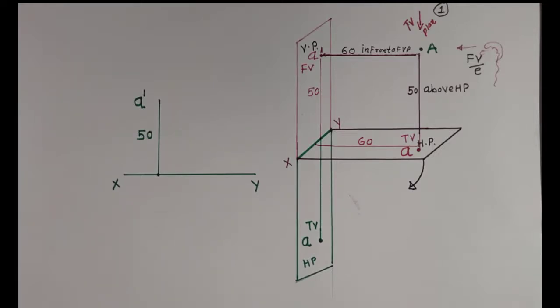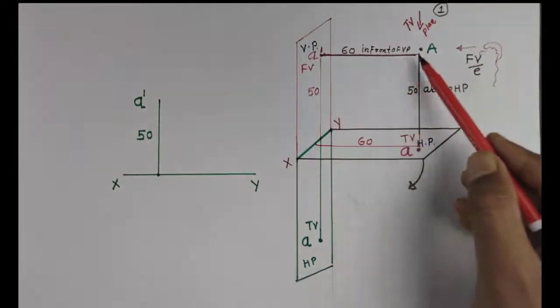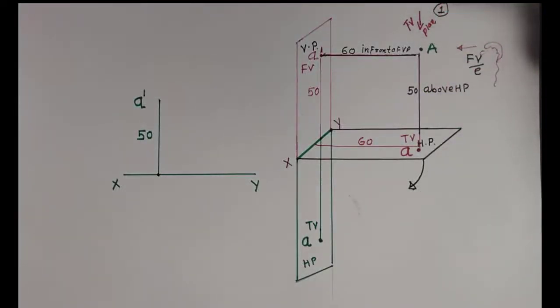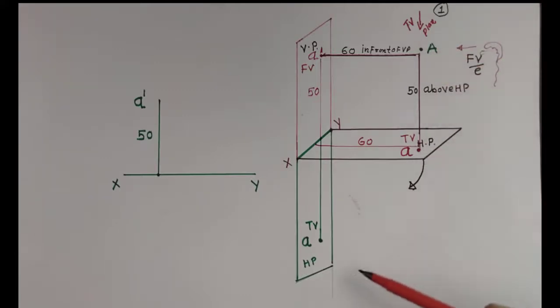Now the second data: your plan point is in front of VP. This in-front-of-VP distance can be seen only from the top view, and it is the condition with VP. So always our condition with VP is the plan point. Your plan point A is in the downward direction from the XY line, in the HP plane.